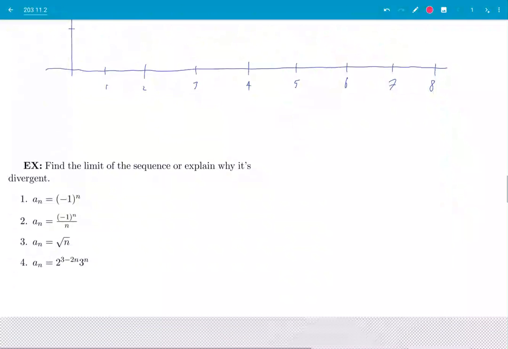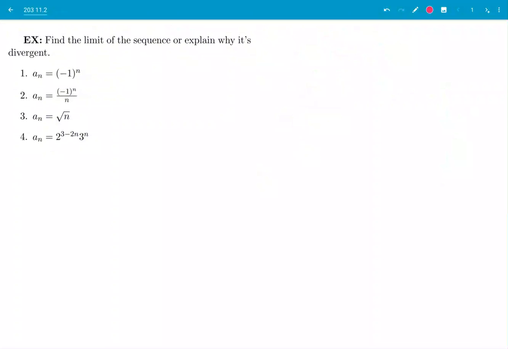Okay, so let's find some limits of some sequences. So pause and copy. Now, first one, it's going -1, 1, -1, 1, -1, 1.